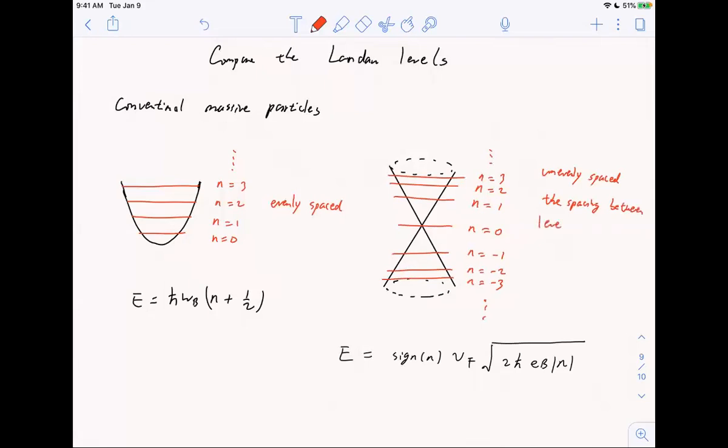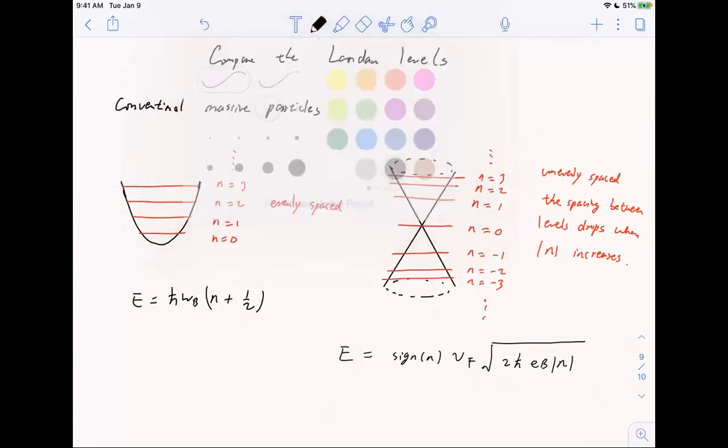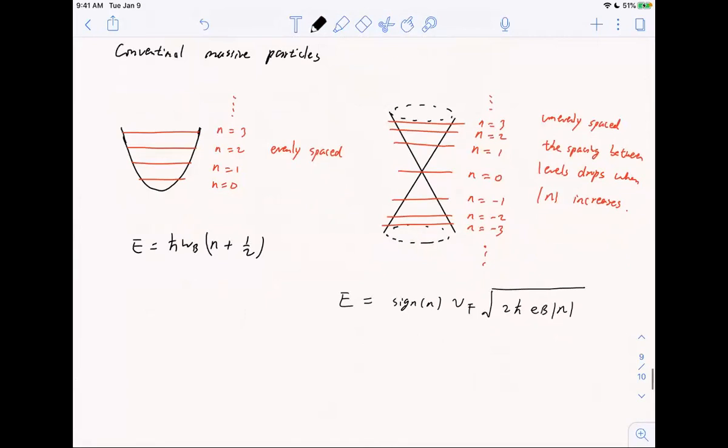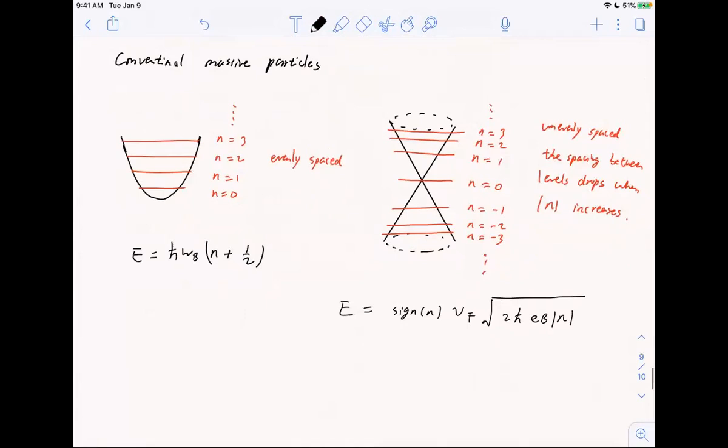The spacing between levels drops when n increases. So the scaling is different from these two cases. Okay, so this is one difference.